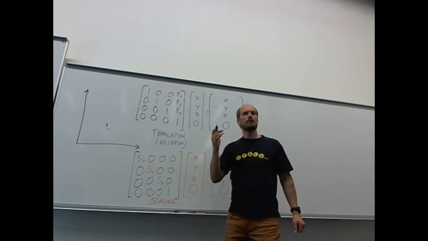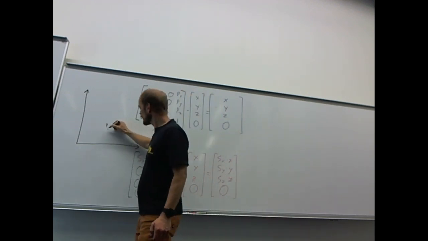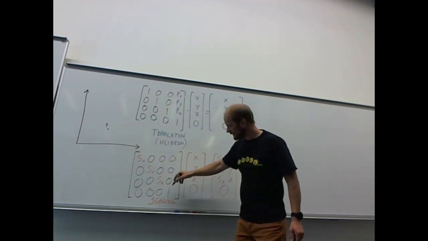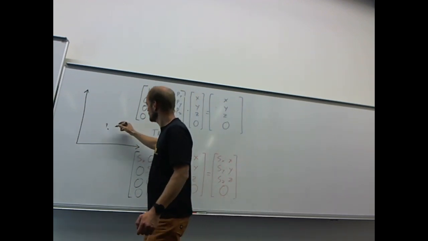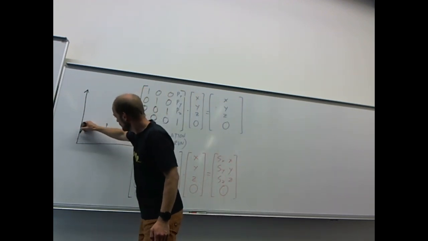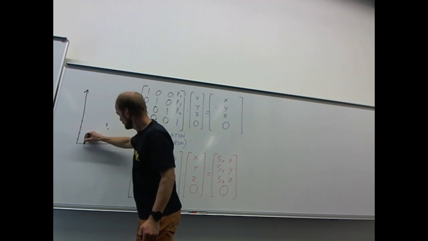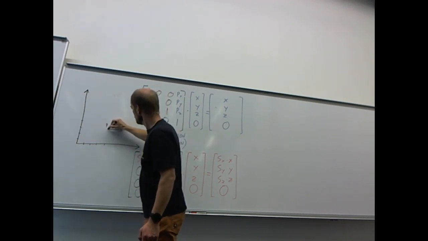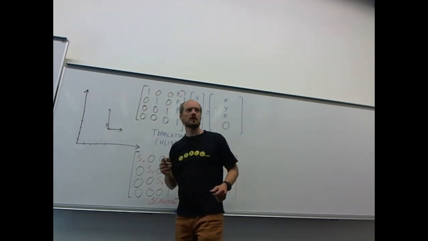So I want my coordinate frame to start here in the point P, but I also want these vectors here, A, B, and C, to be bigger.